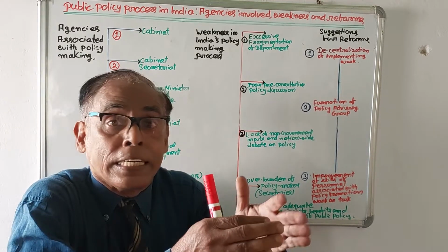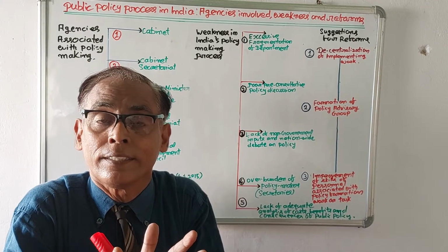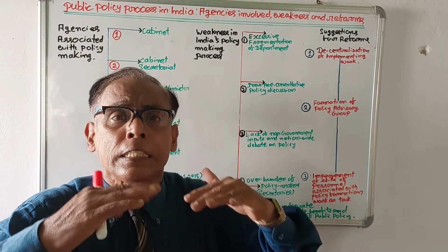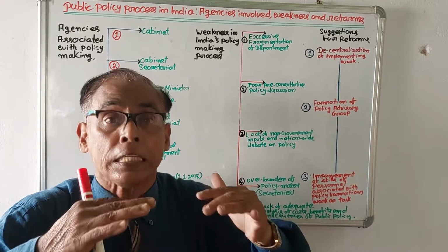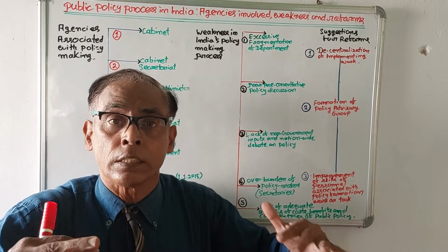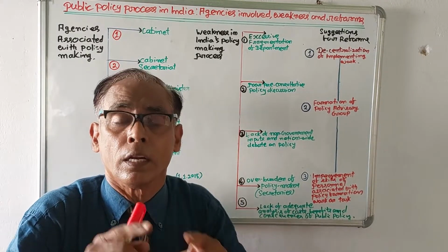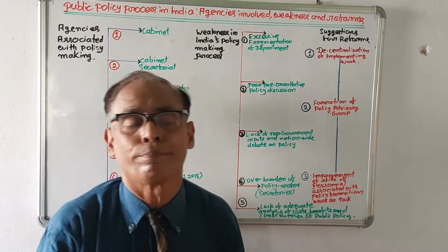If only secretaries have to prepare the policy and implement the policy, then they will be overburdened. So sufficient staff must be given. There should be decentralization of functions so that public policy can be well prepared, formulated and well implemented.